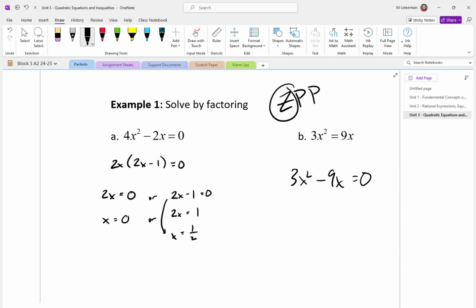You pull out 3x and x minus 3 equals 0. Yeah, so your 3x equals 0 and x minus 3 is 0. And then x equals 0 or x is 3.